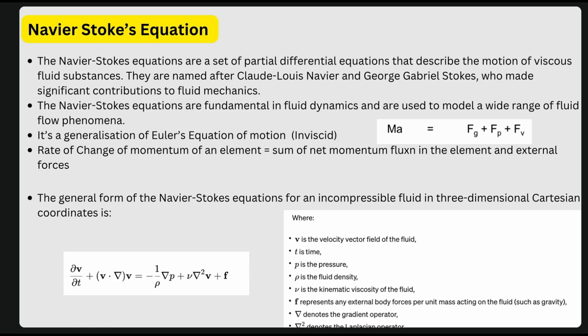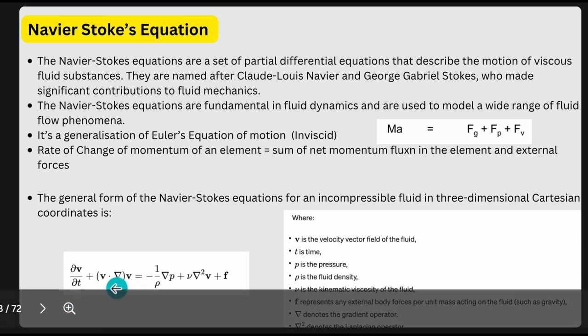The rate of change of momentum of an element is equal to the sum of net momentum flux in the element and external forces. The general form of the Navier-Stokes equation for an incompressible fluid in three-dimensional Cartesian coordinates is as following, as you can see right here, where v is the velocity vector of the fluid, t is the time, p is the pressure, ρ is the density as usual, and ν is the kinematic viscosity.